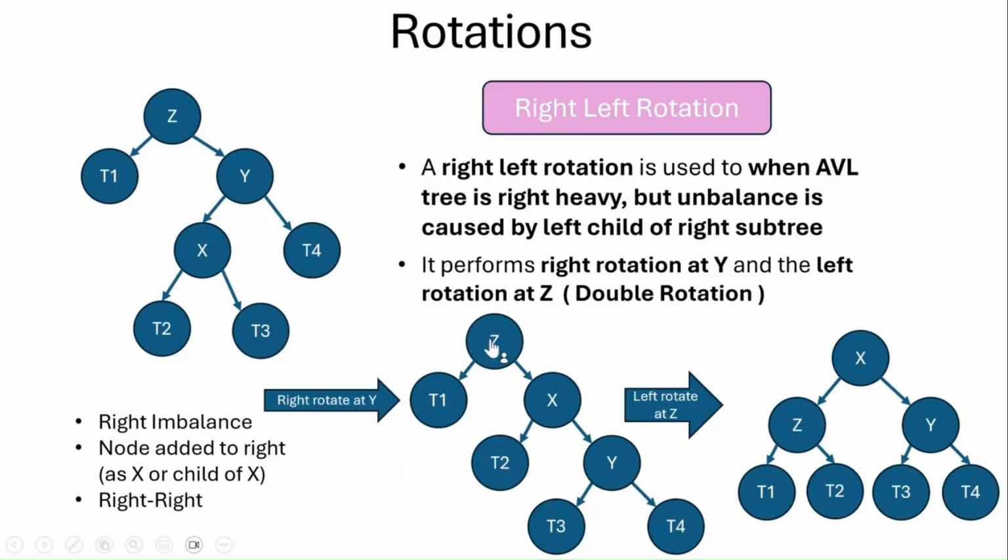T2 is greater than Z, but T2 is less than X, so it will be added as a right child of Z, like the left rotation logic which we understood in a previous slide. So using these two rotations, we can achieve the balanced tree for this right-left situation.